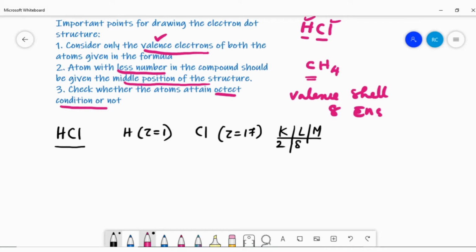The configuration is 2, 8, 7. So we need to consider only the M shell electrons. So in the M shell, there are only 7 electrons. Now we need to take into consideration the 1 electron from hydrogen and 7 electrons from chlorine atom.